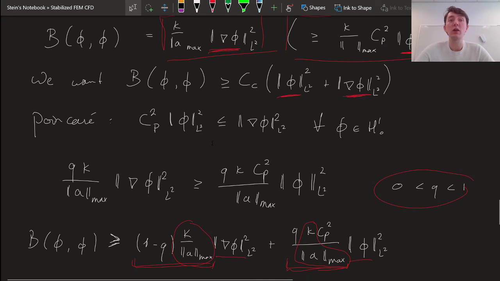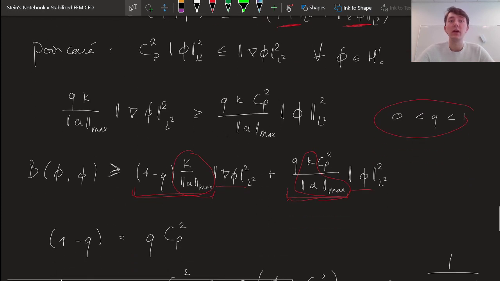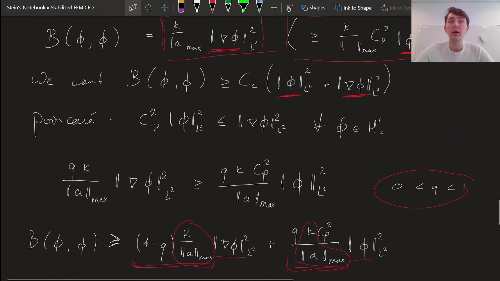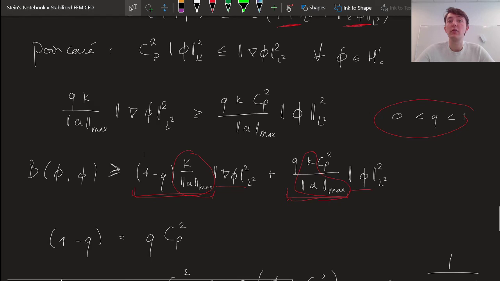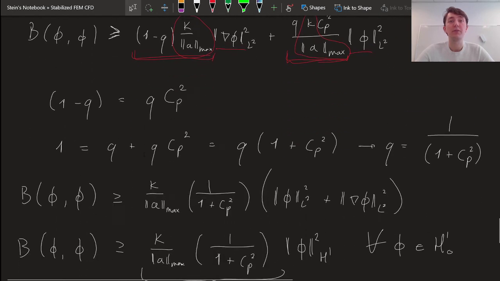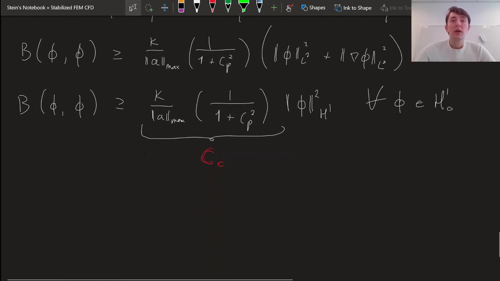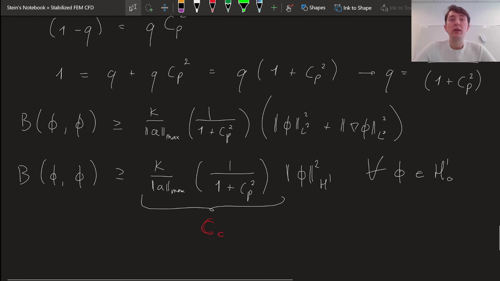In this case, the only inequality that we needed was Poincare's inequality to relate the norm of the gradient of function phi with the norm of the function phi itself. And then by some final manipulation, you would end up with a coercivity expression.